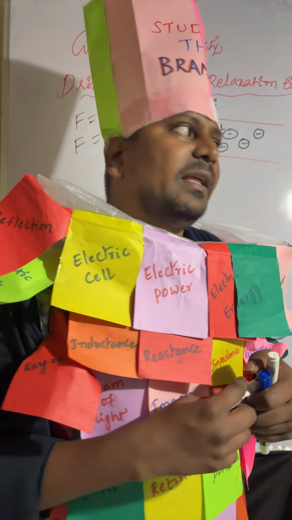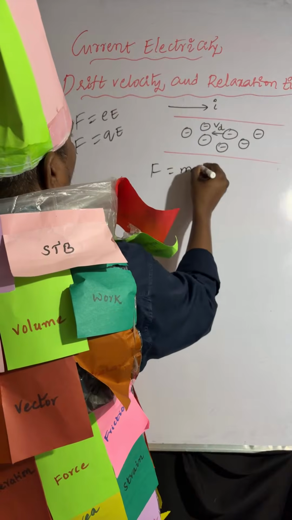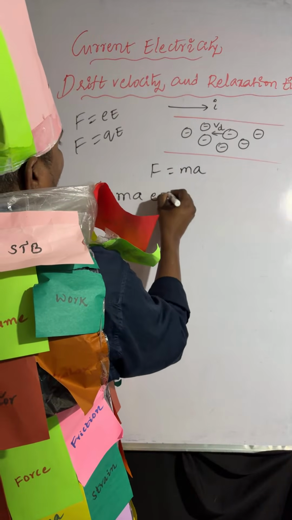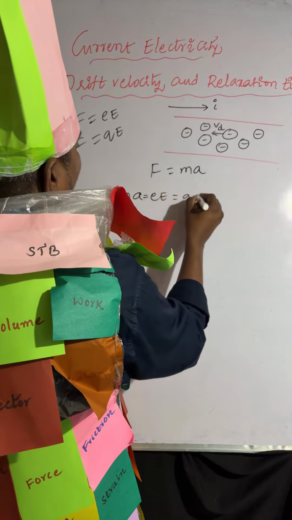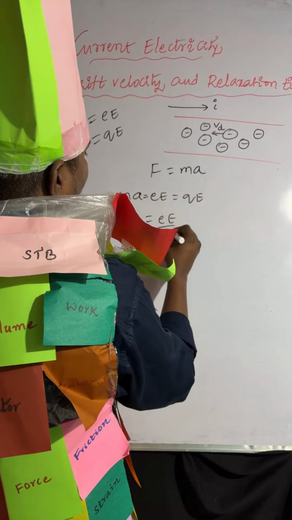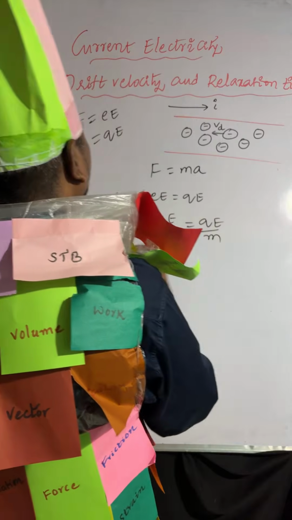Then F equal to ma. So ma equal to eE or qE, you can take. So a equals eE by m, or qE by m. Anything we can take.